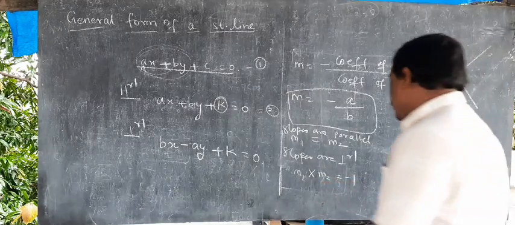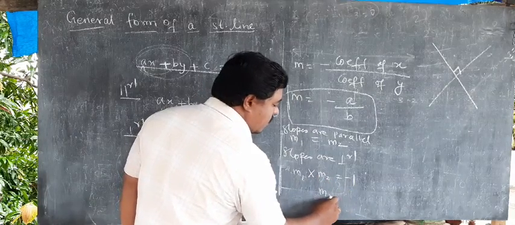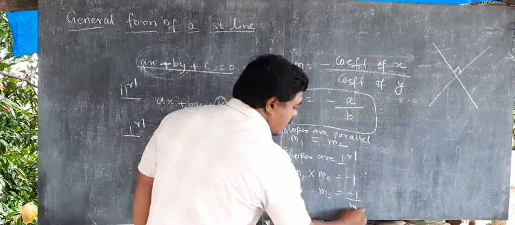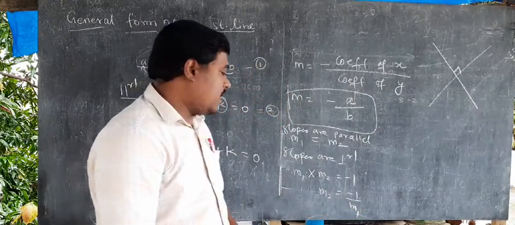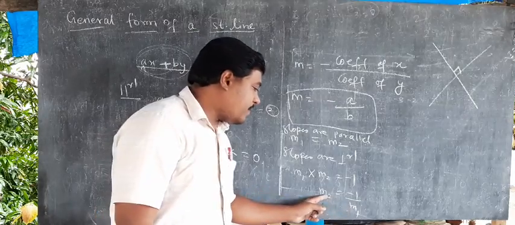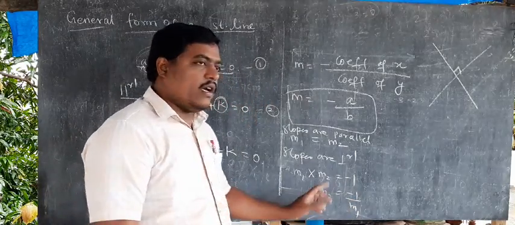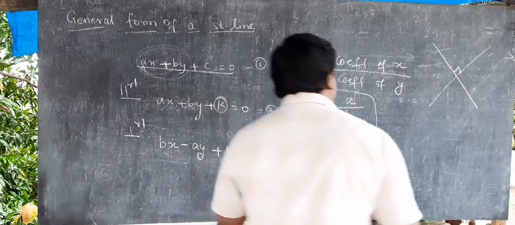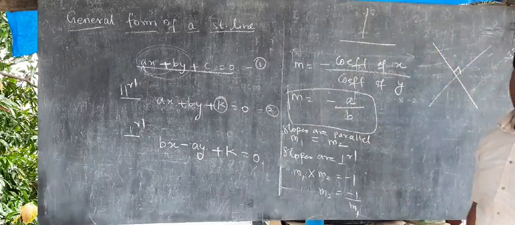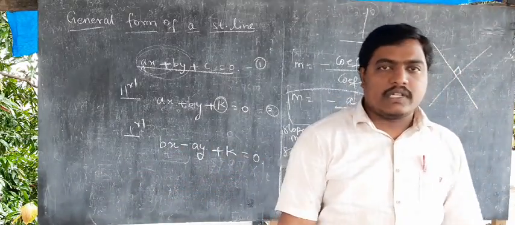Clear? In other words, I am writing m1 into m2 equal to minus 1. If we take this as m1, then m2 equal to minus 1 by m1. One slope is the reciprocal of the other, with a negative sign. That is called perpendicular. Because if I write a line like this, you write the line like this. Perpendicular: I want to go right, you go left, the opposite direction.